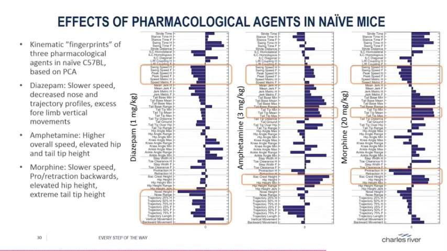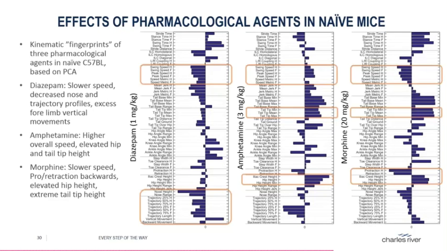Even though, as looking at the videos, the gait didn't appear to be dramatically altered with diazepam or amphetamine treatment, the kinematic analysis was able to identify very clear patterns of movement. For diazepam, the kinematic fingerprint can be described as decreased speed, these parameters here, decreased nose height, altered trajectory profiles, and excess forelimb vertical movements.